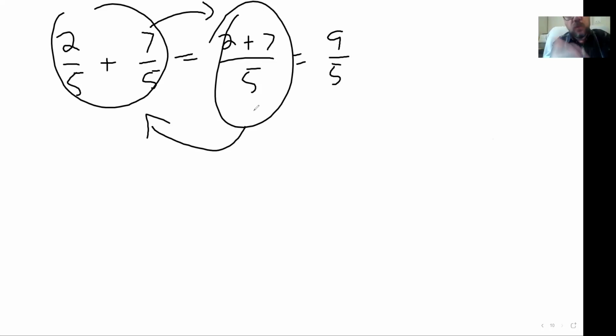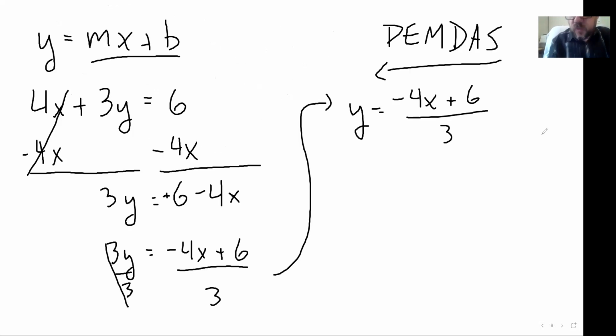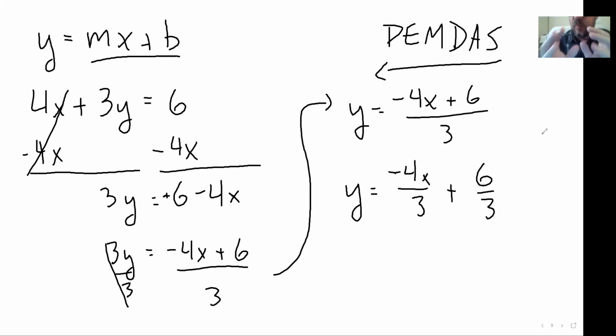It's not a thing you normally do, but we're going to do it now because it does the thing that we want it to do. So I'm going to write this as y equals minus 4x over 3 plus 6 over 3. I hope you can see that all I did was split that thing from the previous step up into two pieces, each over the same denominator.